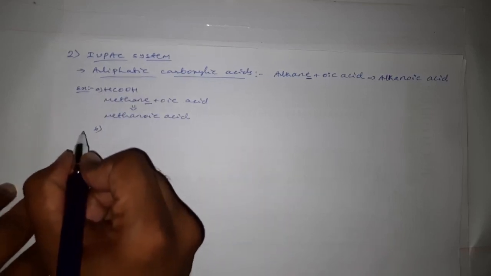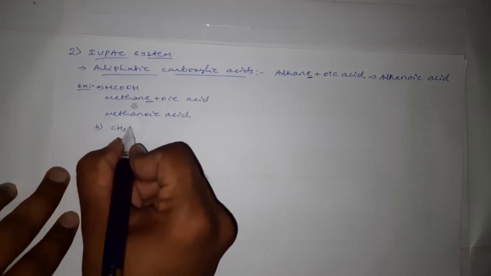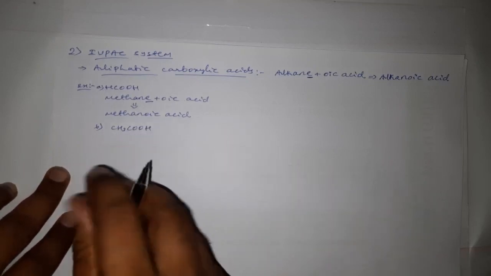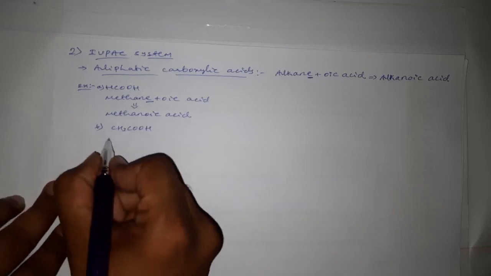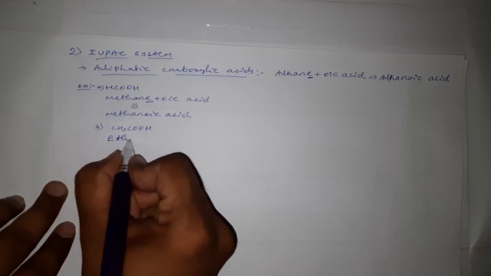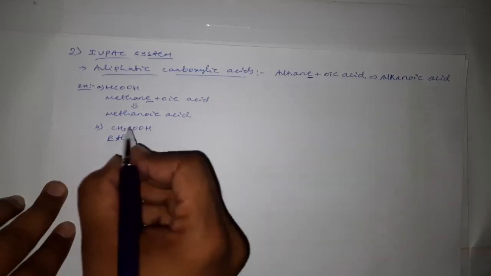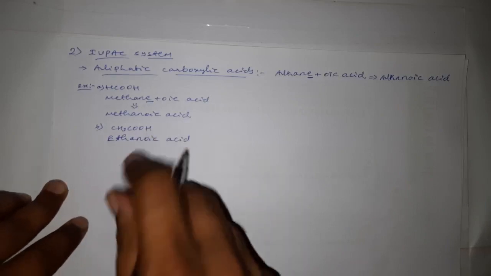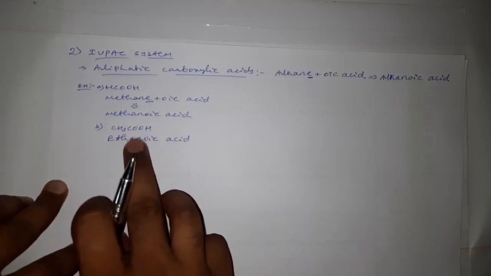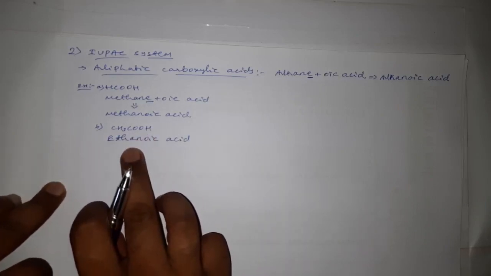Take another example, CH3COOH. It can be derived from ethane. Two carbons are there. By replacing E and adding OIC acid, the IUPAC name of this compound is ethanoic acid.